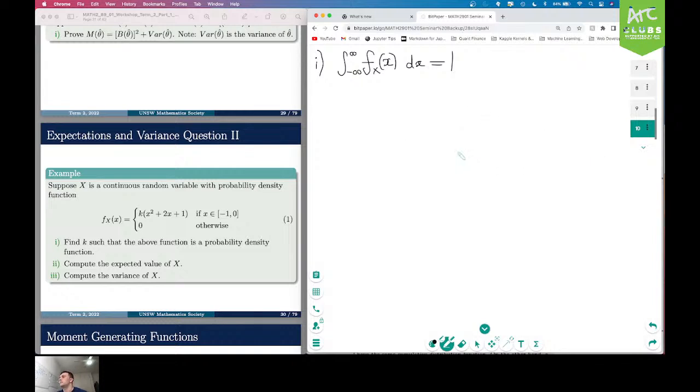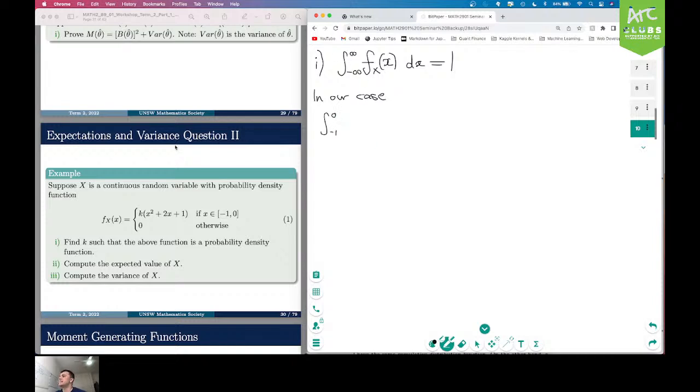The area under the curve has to be 1. Okay. Now in our case, our f of x is defined like this. So what we need is the integral. We don't actually have to go from negative infinity to infinity because our function's only defined between -1 and 0.